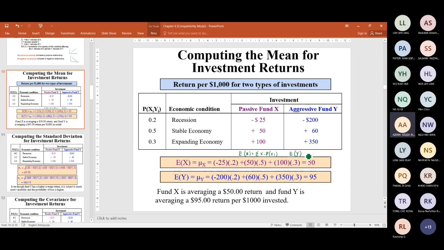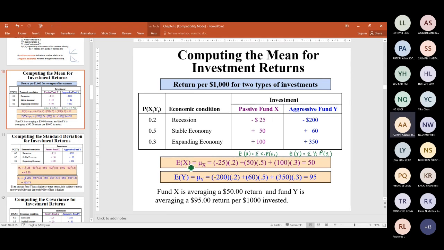Just the same with this one, summation yi P(yi). Actually, if you know how to use it, you don't have to write the formula. You can straight away find the value. This is just to recall what the formula is.